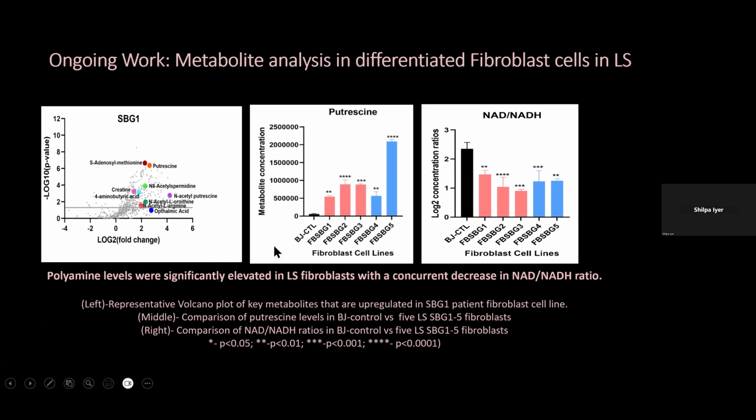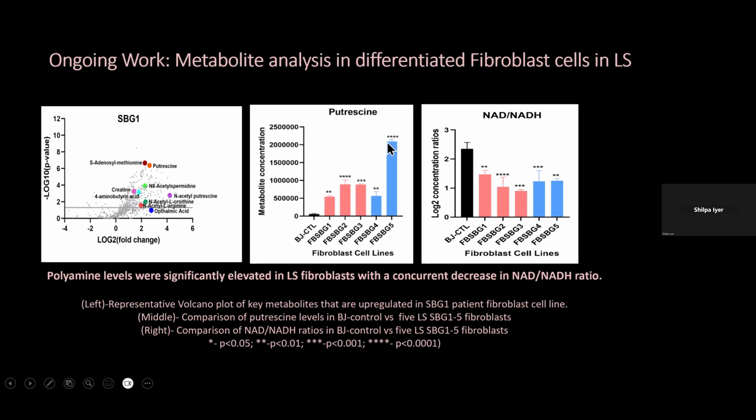And we did see an elevated level of putrescine in all the fibroblasts, not just Leigh's, but we also measured in Kearns-Sayre, in Pearson, in MELAS, and we saw that the putrescine was elevated, and there was a decrease in the NAD/NADH ratio.